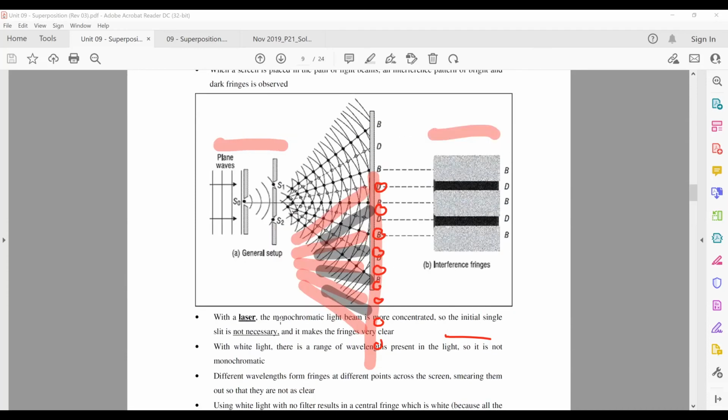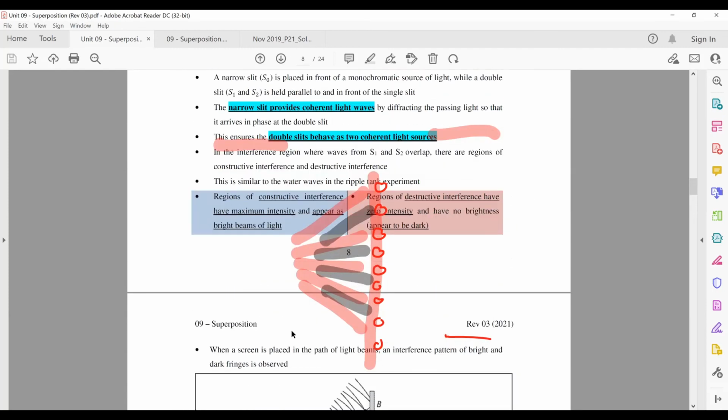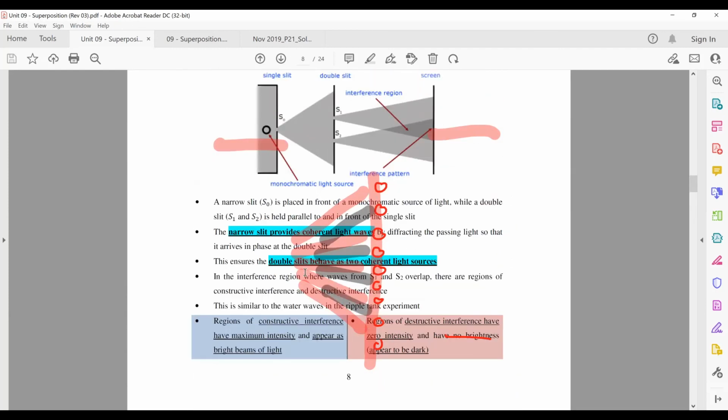Usually when you want to do this experiment, we will tend to use a monochromatic light beam, so that we only see a single color. When we talk about monochromatic light, I better just mention this.